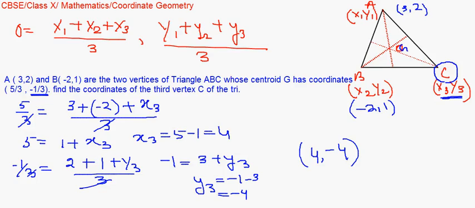We now move on to another section wherein we learn to find the area of the triangle when the three vertices of a triangle are given. Let us note down the formula first and then take up a question applying the same.